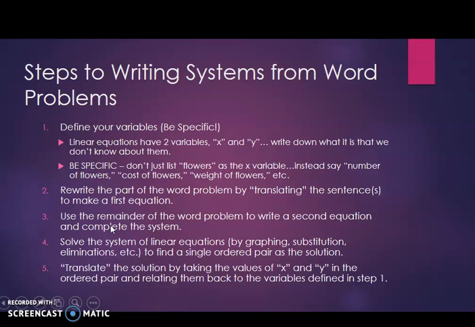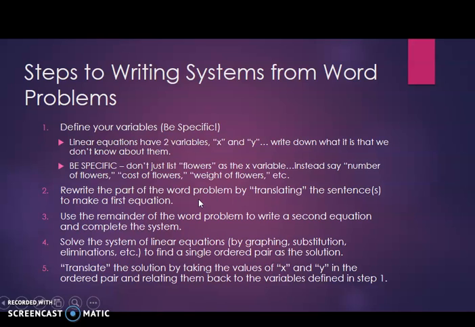So step number 1 is to define your variables, and what I need to find. Step number 2 is to rewrite the word problem by translating the sentences to make your first equation. Then the third step would be to write your second equation.